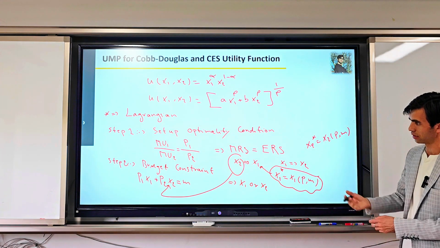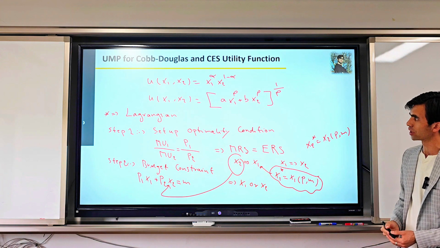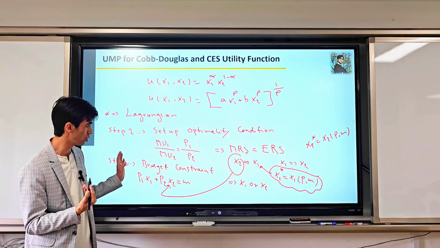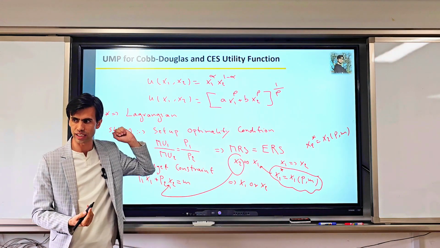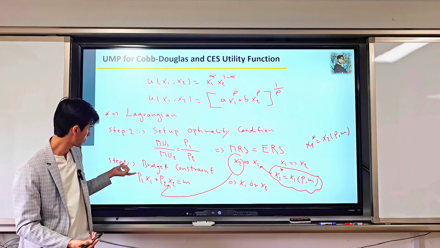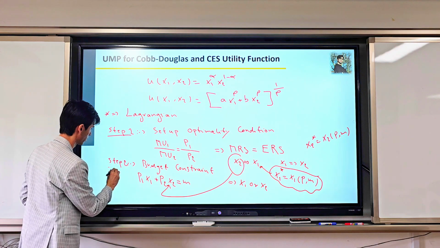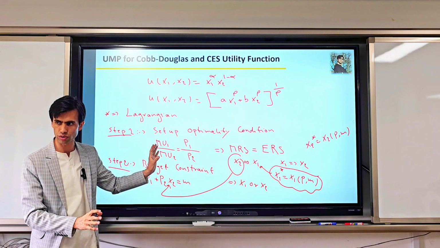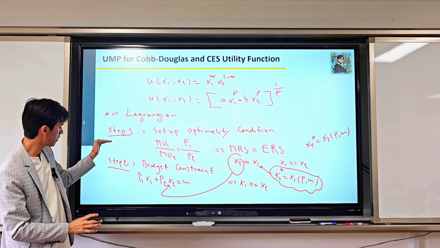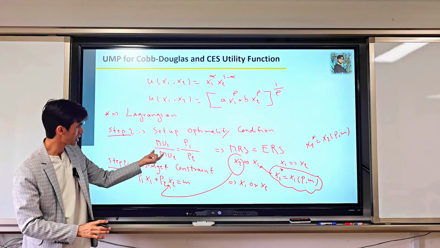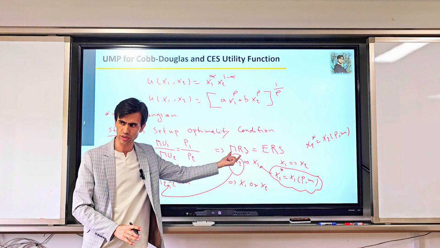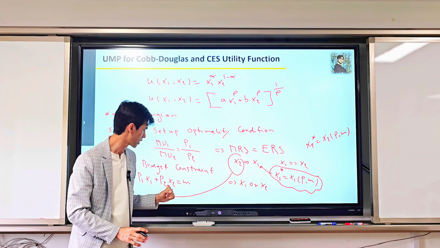We already maximized the utility for the Cobb-Douglas example last week. So we can do similar things for the CES utility function. We just need to follow these steps. First, we use the Lagrangian, which is the common method for these two types of utility function. Then we have two steps. The first step is to set up the optimality condition, which is marginal rate of substitution equal to economic rate of substitution.